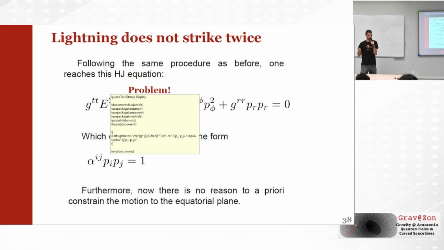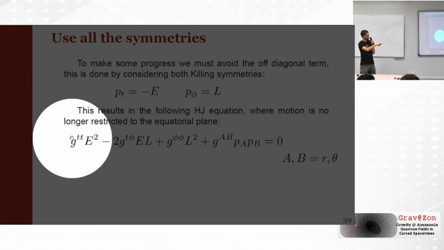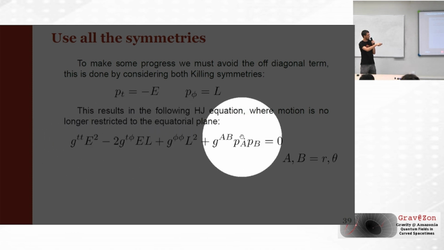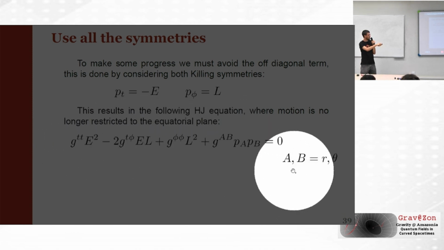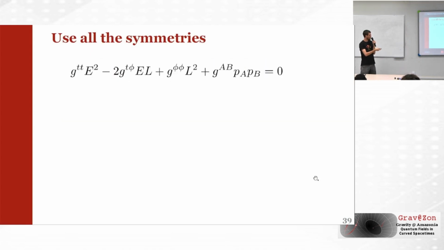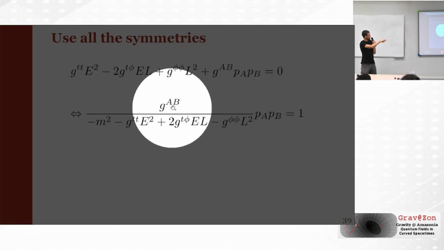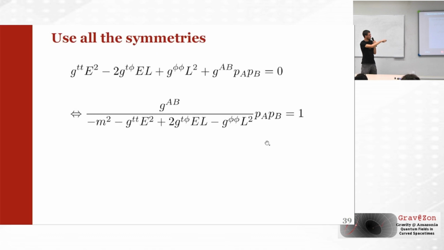So what we have to do is use all the symmetries of the spacetime, both the time-like Killing vector field and the vector field associated with the axial symmetry, input this in the Hamilton-Jacobi equation, and what we end up with is this expression here, where capital A and capital B are either r or theta. This can now be rearranged in the desired form, with this new metric contracted with the momenta.